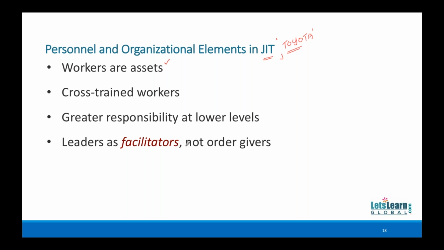They're multitasking employees. They're cross-trained employees. Means what? In a semicircular format, the gentleman who is working here knows the operations here and here as well, maybe even here also, so that he has knowledge of the production process. That will help them not to have any disturbances during the production process.